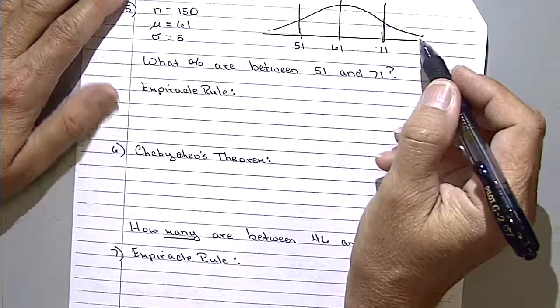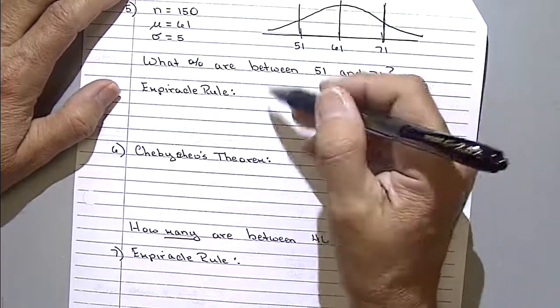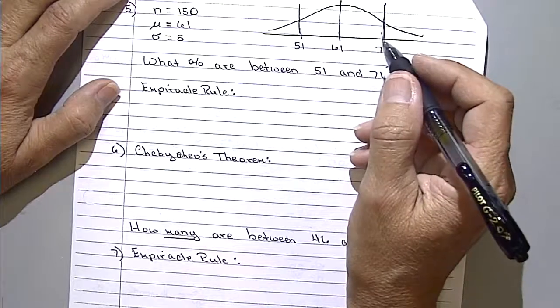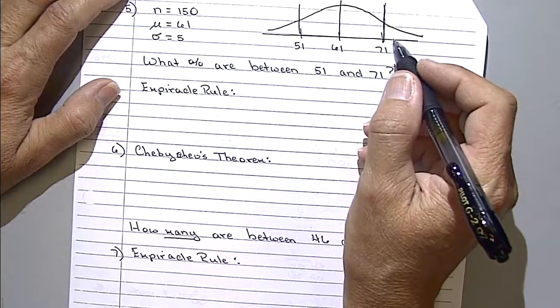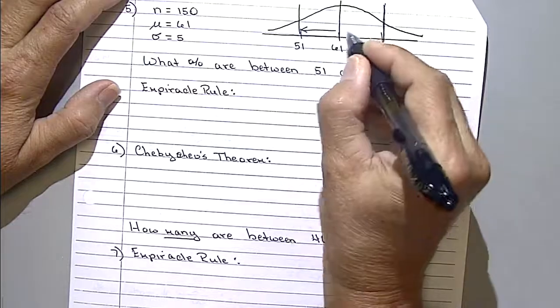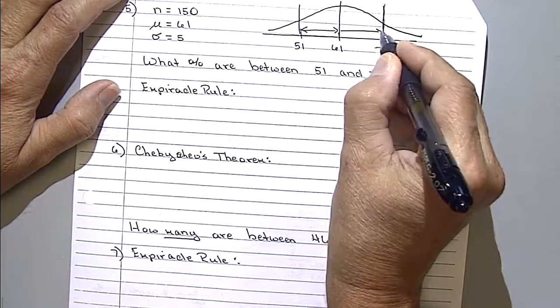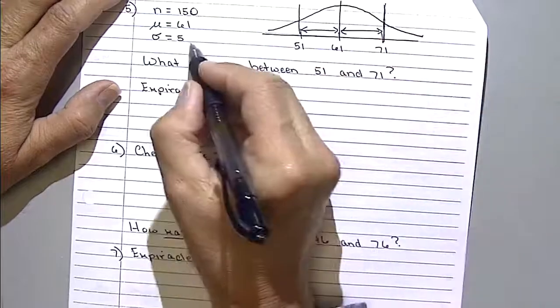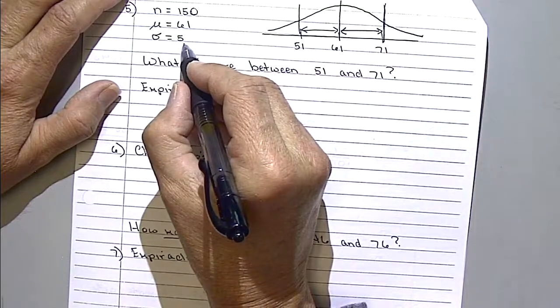Well, for both Chebyshev and the empirical rule, what I have to know is how many standard deviations this represents. How many standard deviations from here to here, and how many standard deviations from here to here. 1 standard deviation is 5.